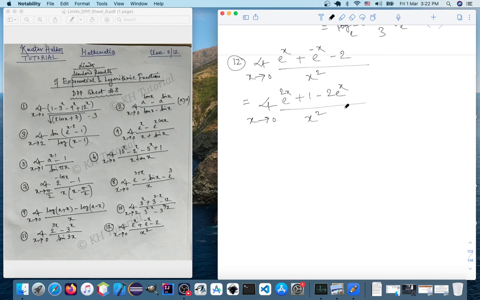Now the numerator is e to the power 2x plus 1 minus e to the power x.